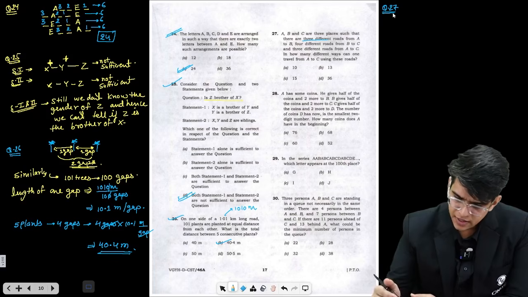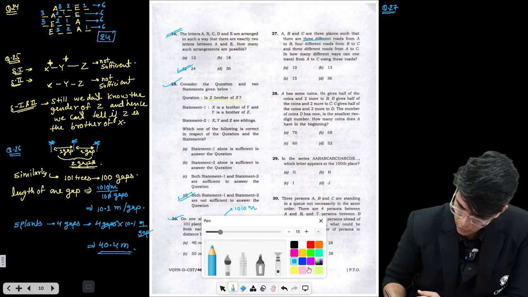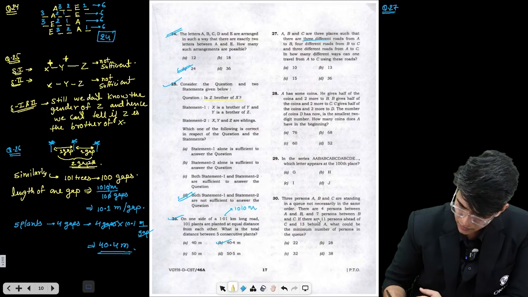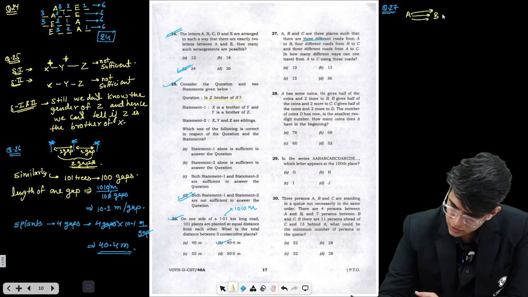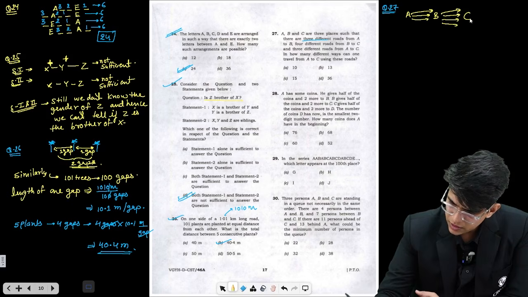Okay? Here they have given you that from point A to B, there are 3 different roads. 1, 2, 3, B. From B to C, 4 different. 1, 2, 3, 4. Okay?